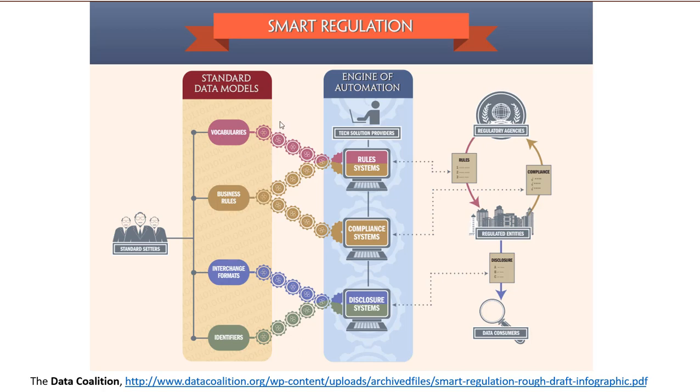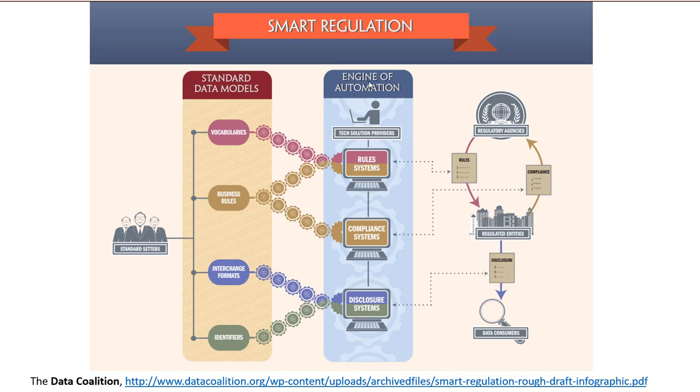And so basically what this graphic shows is how all these pieces fit together, where you have the standard setters building these vocabularies, establishing the rules, using standard exchange formats, and doing it in machine readable form rather than taking their pronouncements and putting it in a book so only humans can read it.